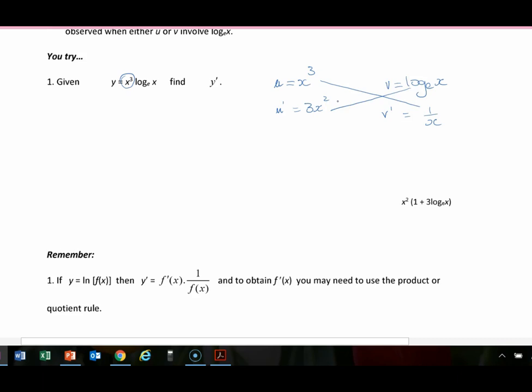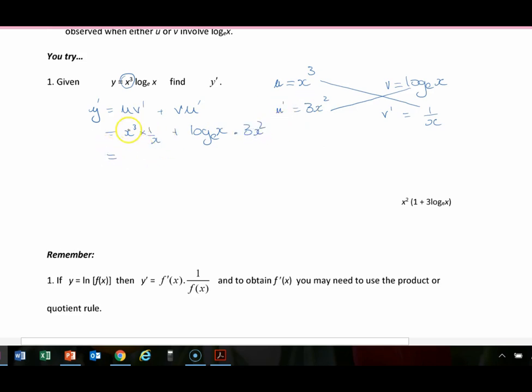So we form a cross, because y dash, and the question says find y dash, is u v dash plus v u dash. This is my first connection, u to v dash, so it's x cubed times 1 on x, plus v, which is log to base e of x, times u dash, which is 3x squared.